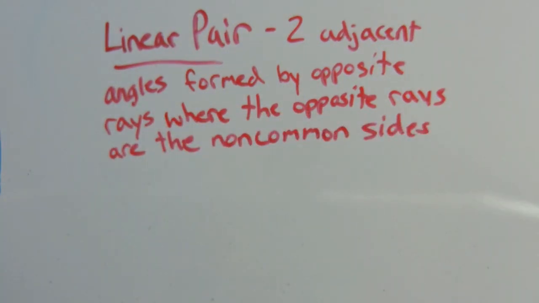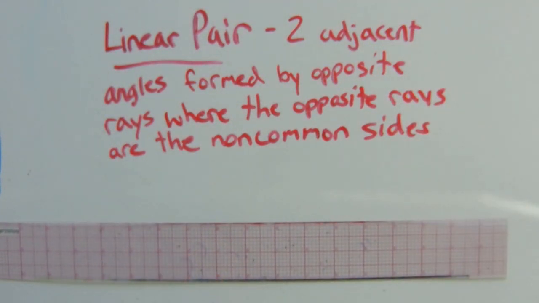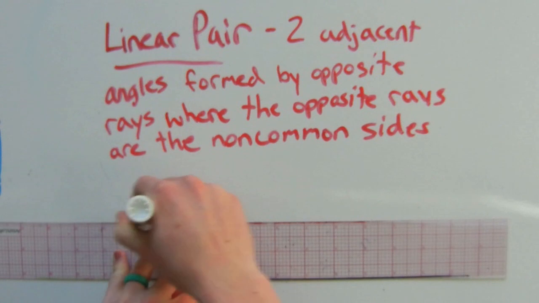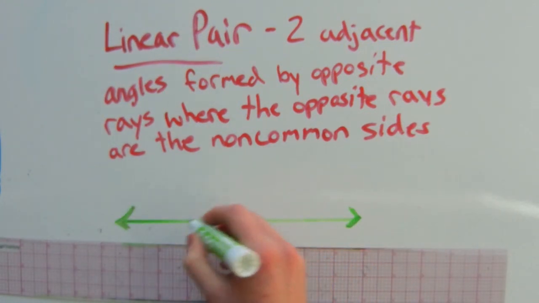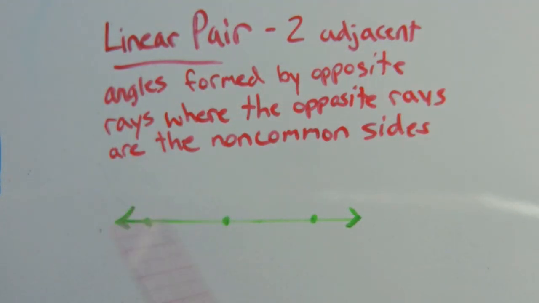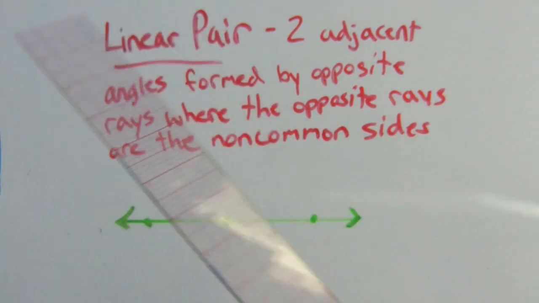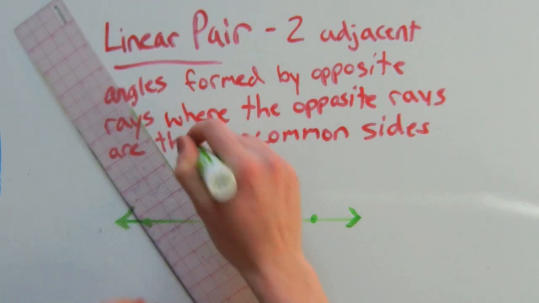So, a linear pair is simply two adjacent angles formed by opposite rays, where those opposite rays are the non-common side. What this is saying is if I were to draw an opposite ray, then there is one common side that the angles share to become adjacent.